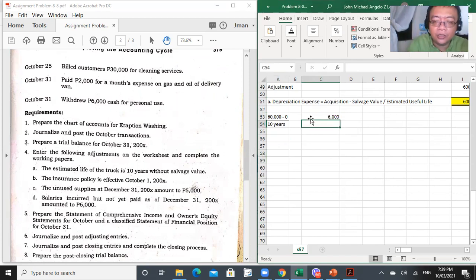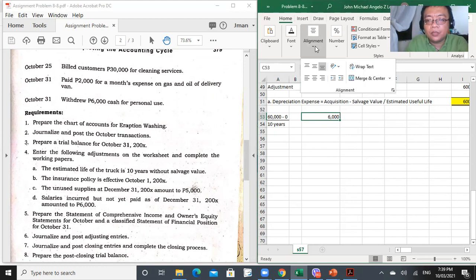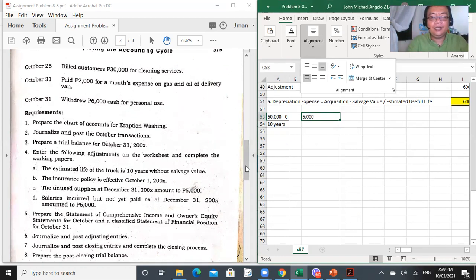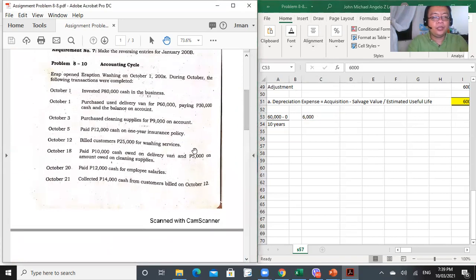The question here is, is 6,000 the one we will record as part of our depreciation? Take note of the date. The date is basically you purchased the delivery equipment on October 1.